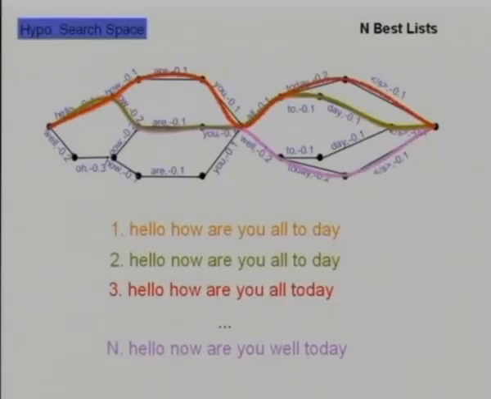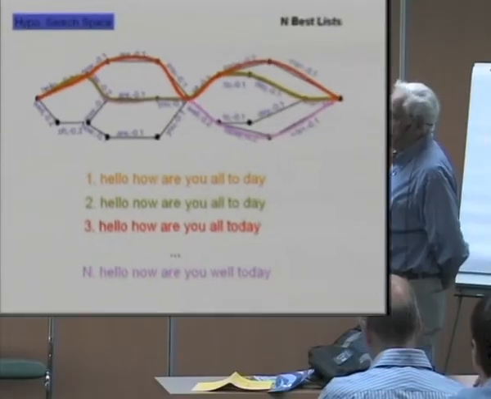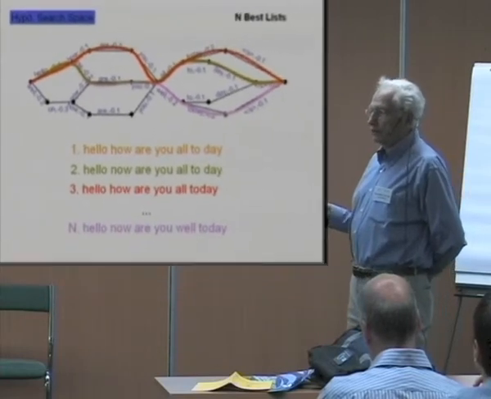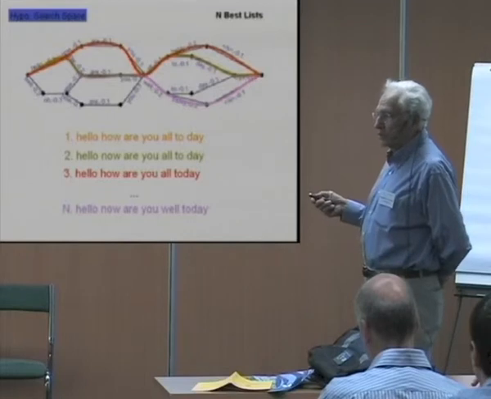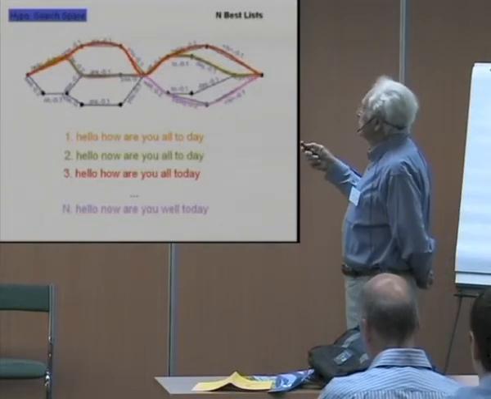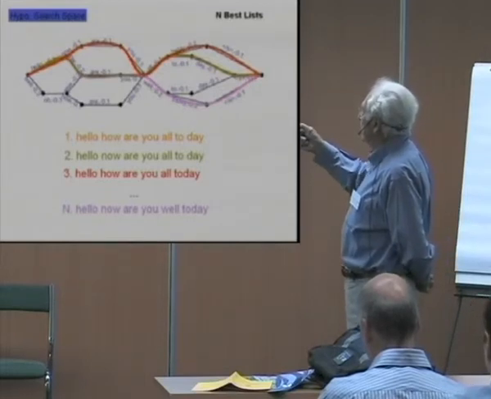So if you want to use a complicated language model, for instance, one that has to do with grammar, then what you really need is to not have these choices, but you really need to have a list of possible sentences, meaning the list of possible paths through the lattice, which will give you the totality of the possible sentences. But the number of these sentences is enormous. So here, for instance, one path is hello, how are you all today?